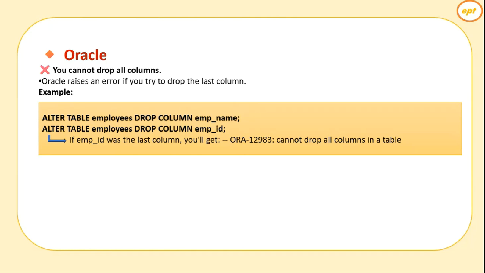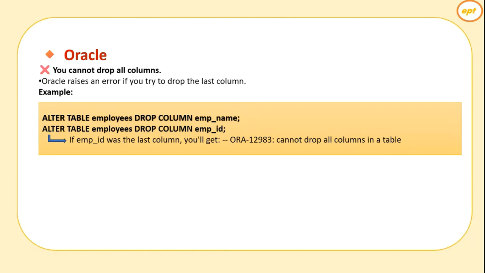Assume you already dropped one column, employee name. Now you are trying to drop one more column, employee ID. So what is the Oracle engine saying to you?